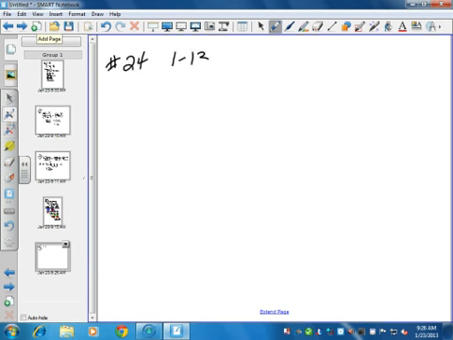Same section. On 24, it's talking about different angles. It says one of three angles is 5 degrees more than the smallest.